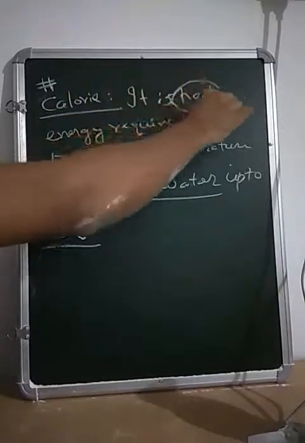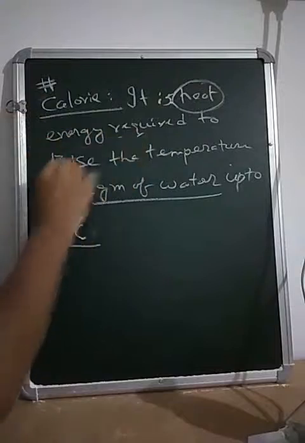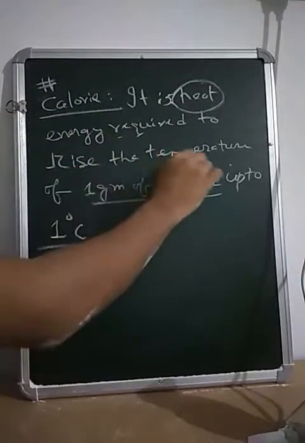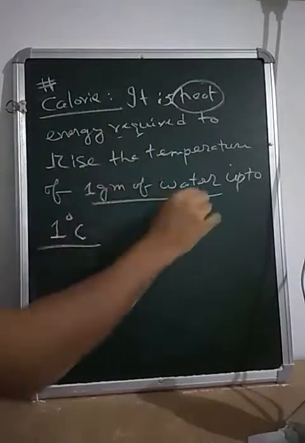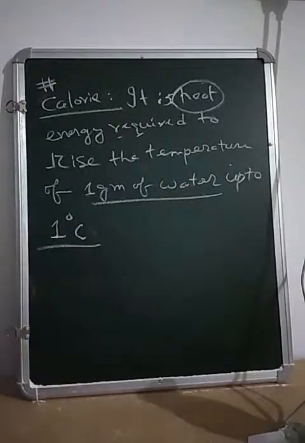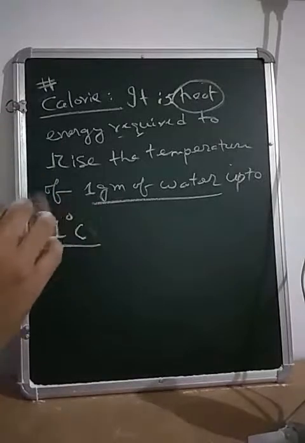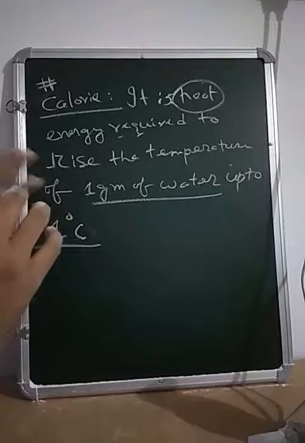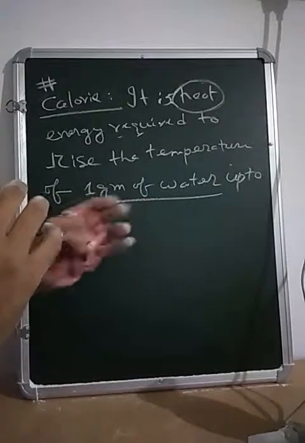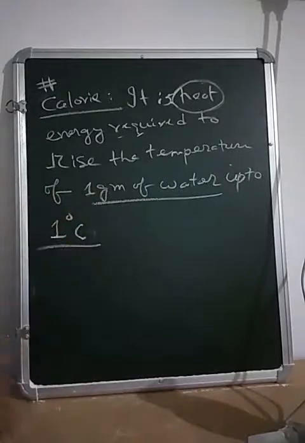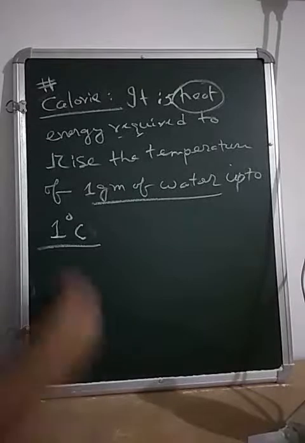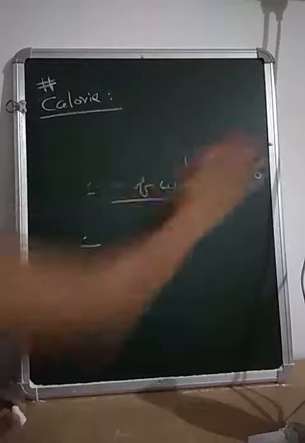It is the heat energy required to raise the temperature of 1 gram of water up to 1 degree Celsius. So 1 calorie is how much?